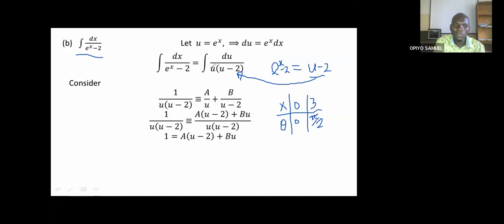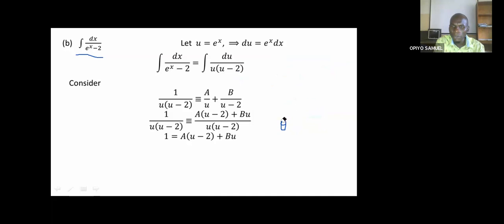Then we shall have u times u minus 2, which is already a partial fraction. So you have applied the technique of partial fractions to solve this integral. Just like when we split this fraction into partial fractions, all the factors here are linear.